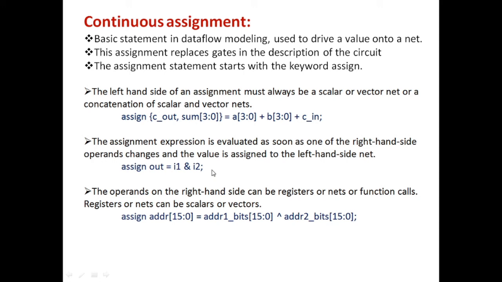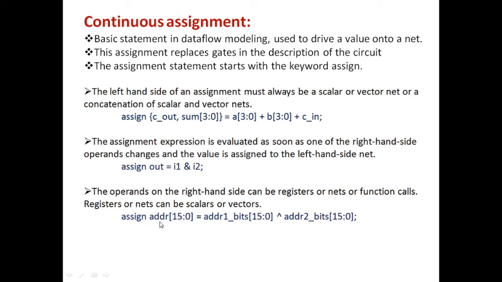And the third characteristic is the operands on the RHS. It may be of type reg, or of type wire, or something else, like a vector select or part select of a vector. Like you can see, assign. We are using the equality operator here, and wherever we use it, we have to definitely use the assign keyword.